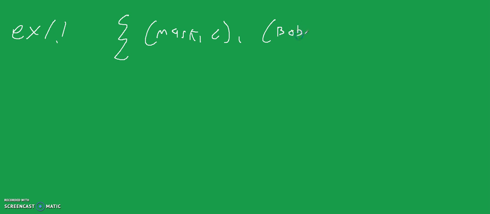Alright, so let's look at another example. Let's say that my relation is, let's say, Mark to the letter C. Let's say Bob to the number 1.